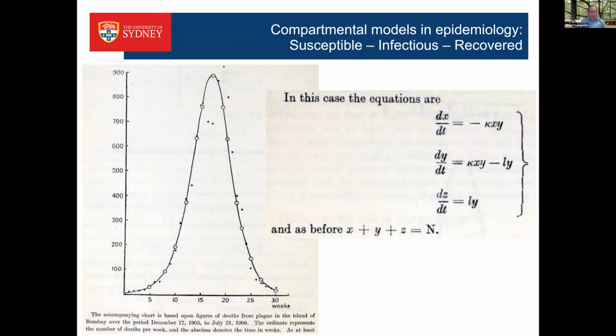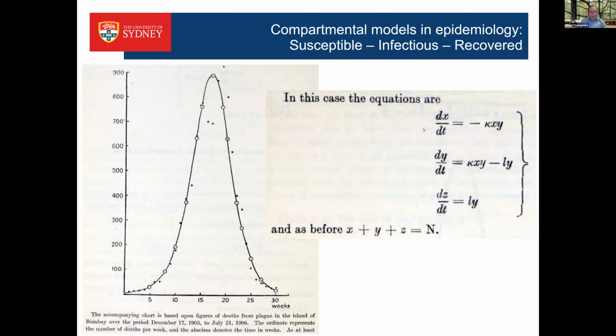And they came up with this very famous model, which concisely represents this epidemic development, pandemic development, in terms of just three variables: X, Y, Z, the number of susceptible people, the number of infected people, infectious, and the number of recovered people. Altogether, three compartments add up to the total population.